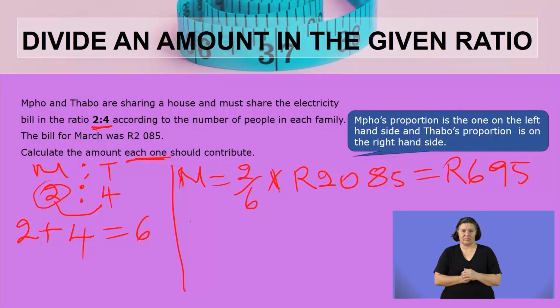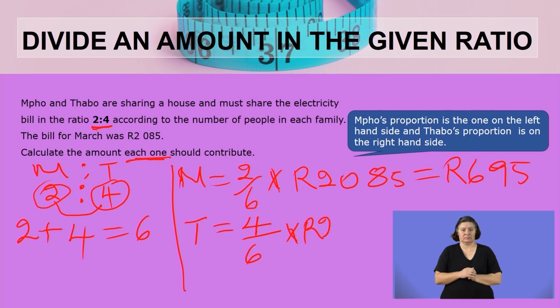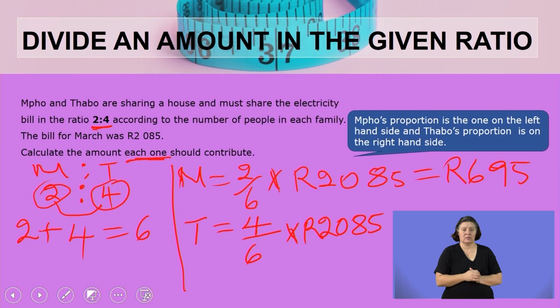How much will Thabo contribute? For Thabo, because Thabo's proportion is 4, we will say 4 divided by the sum, which is 6, multiplied by 2,085. So now, let us press the calculator together.